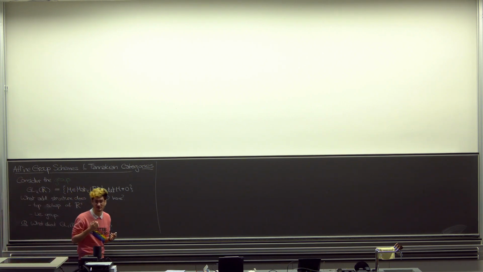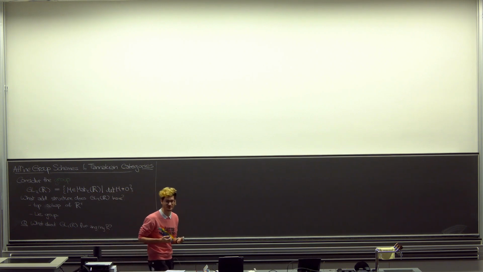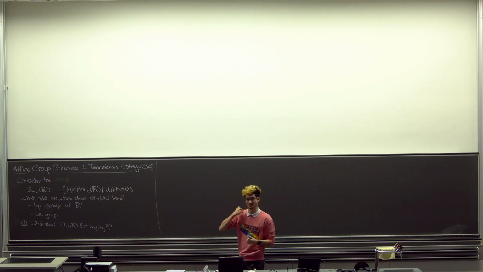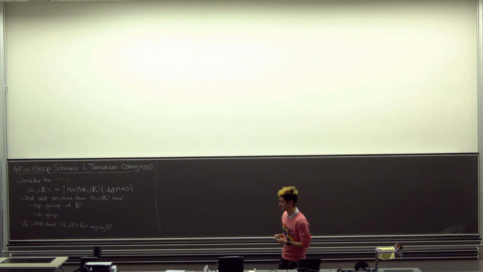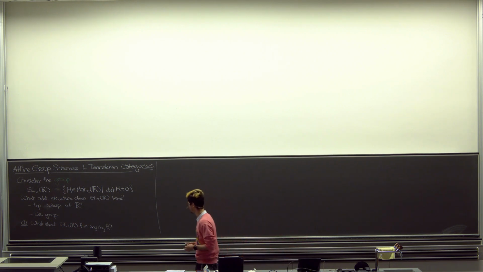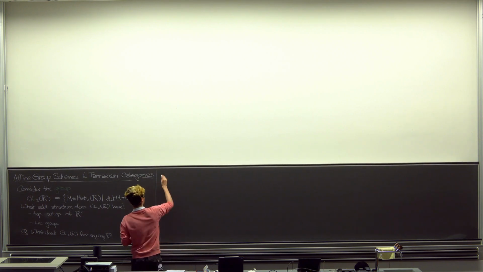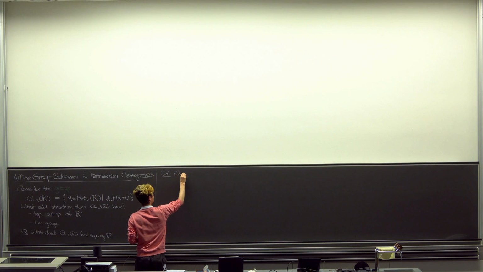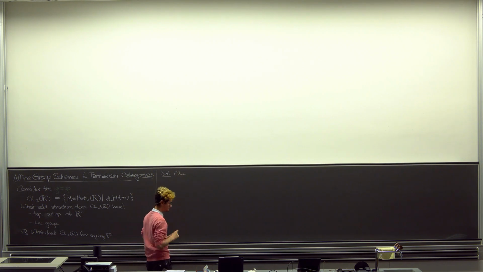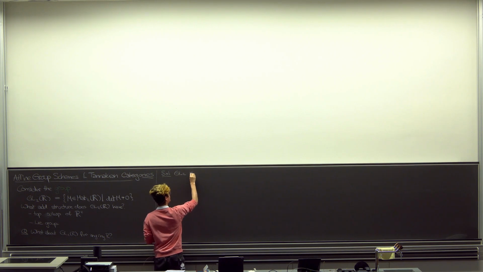For those people who are not familiar with category theory, that's what I'm using the presentation for, so I can talk a bit about the terminology. So the solution here is that GL2 actually has some more structure than just a group. It is a so-called functor.